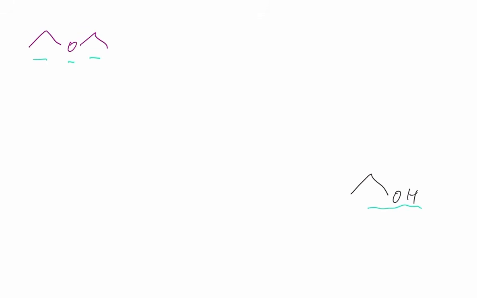I then immediately compare the R groups of each. Because the alkyl group of the alcohol and at least one, this just happens to be a symmetrical ether, but at least one of the alkyl groups of the ether are identical, we can assume that this and this are the same.